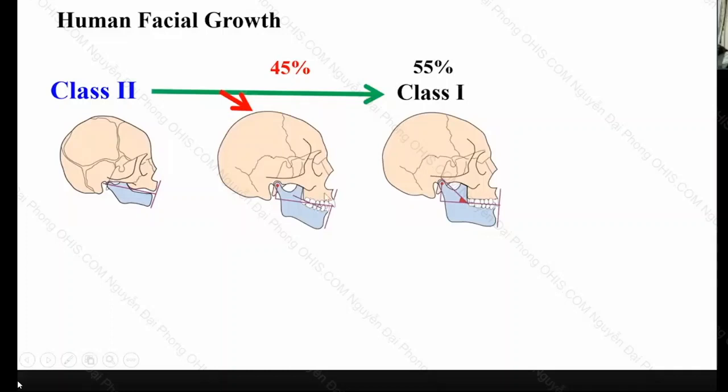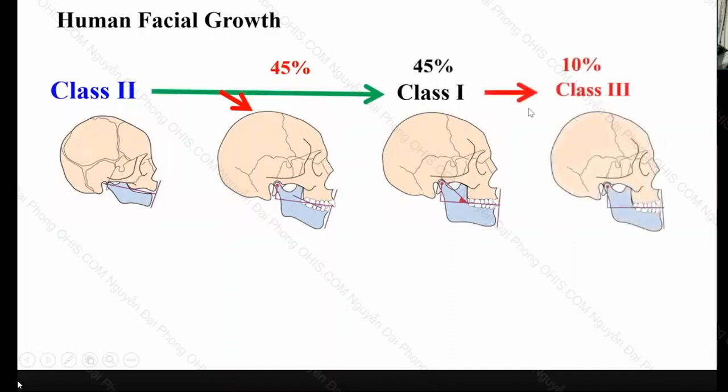And from here, about 10% jump to class 3, because of more occlusal plane flattening, that means increasing vertical dimension here. This is class 3, but this is an adaptation process. Therefore, we should understand it this way.